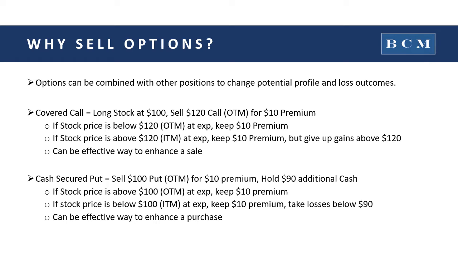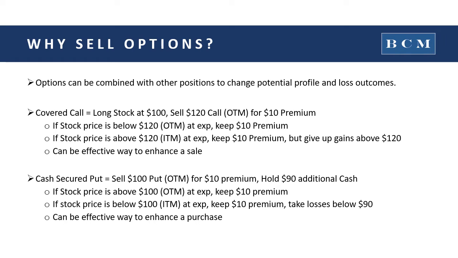So what happens at expiration in this case is that we're going to make $5 from the stock price movement. It went from 100 to 105. And we're going to make $10 from the option premium because the option is now worthless. That's a total gain of $15.